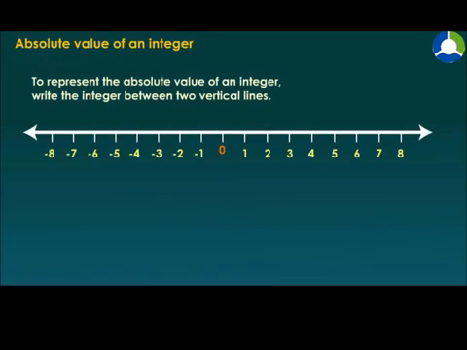To represent the absolute value of an integer, write the integer between two vertical lines. Thus, the absolute value of negative 8 equals 8. The absolute value of 4 equals 4, and so on.